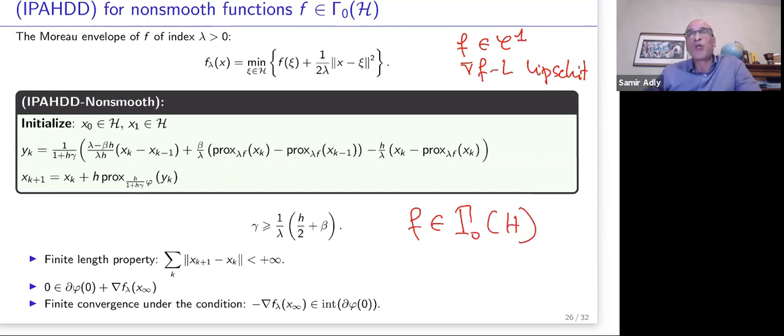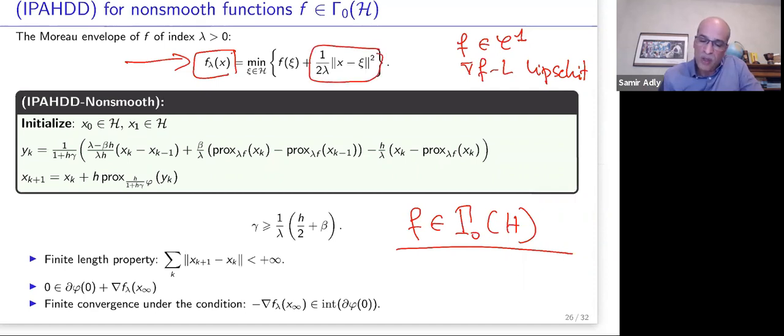It is possible if your function f is, let's say, in Gamma naught of H, using the notation of Jean-Jacques Moreau. This is the set of all convex lower semi-continuous proper functions. When f is non-smooth but convex, it is possible to replace it by the Moreau envelope, f lambda, which is given by this formula: the minimum of f plus the quadratic term that you have here, where the scaling lambda is given.